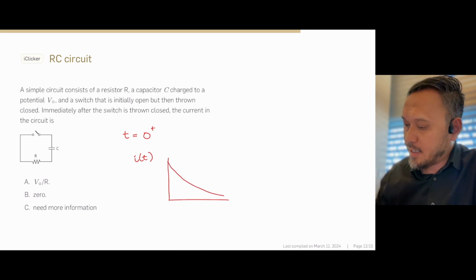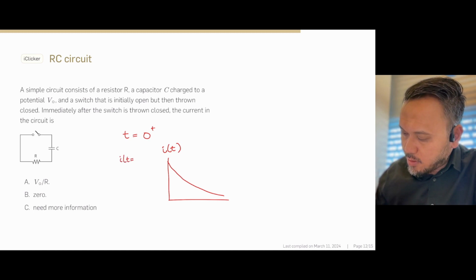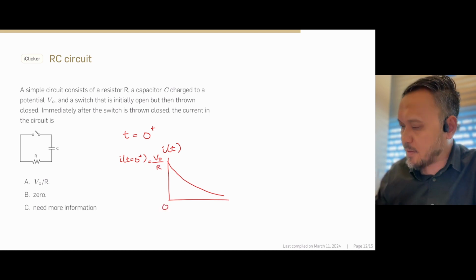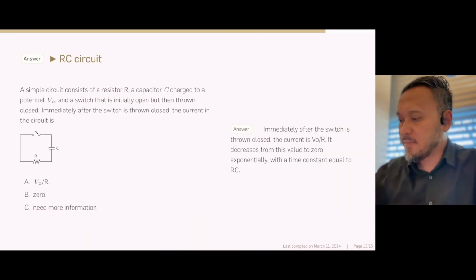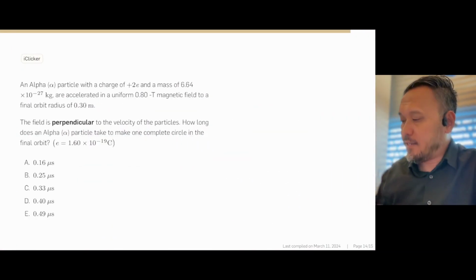But the current at t equal to 0 plus is equal to V naught divided by R. Okay. So the answer is A, and we did this in the class.